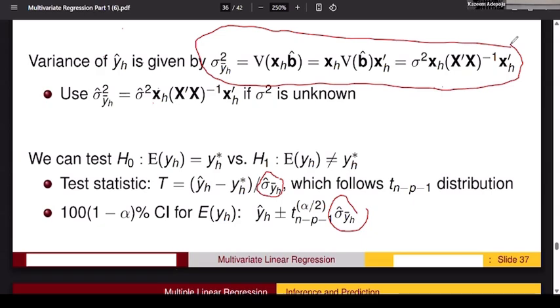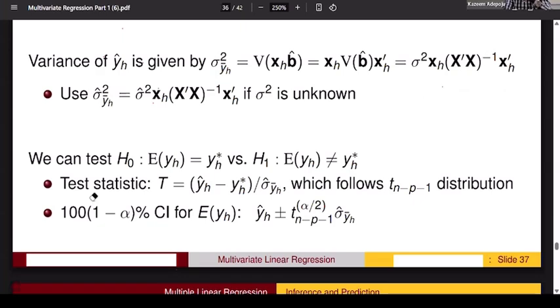Is there any question on that? So whether I want to construct an interval or test a hypothesis about prediction, I need the standard error of prediction. And how am I going to get it? I find the square root of that guy. Now that is for the average.